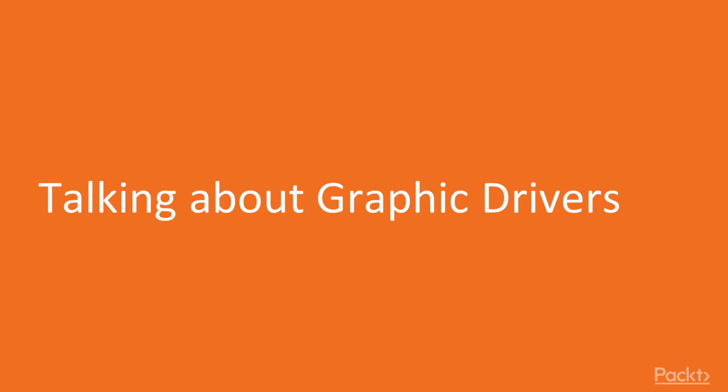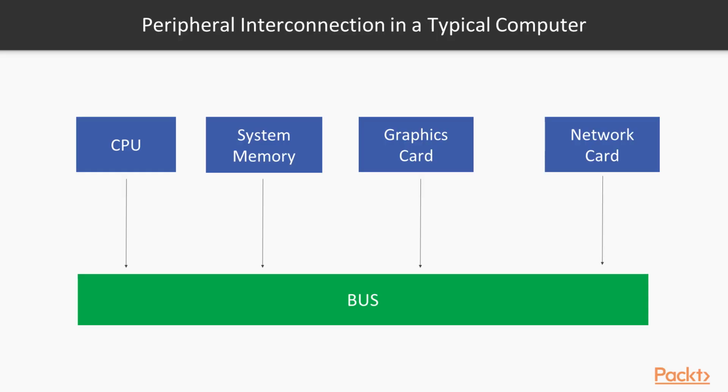We're going to be talking about the graphics driver in this video today. We have a CPU, system memory, the graphics card, and the network hardware, and these are all linked to the bus. Computers are architected the same way: a central processor and a number of peripherals.